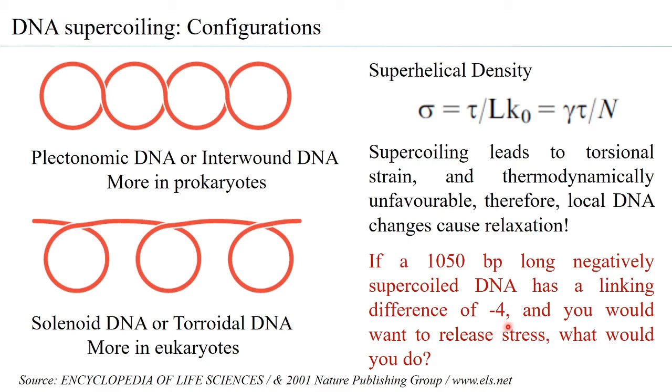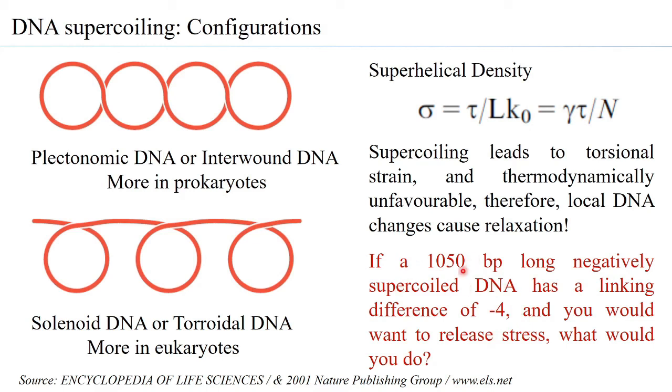The answer to this is, since there are 4 supercoils, you unwind 4 helical turns. Approximately 42 base pairs are associated with unwinding 4 helical turns.